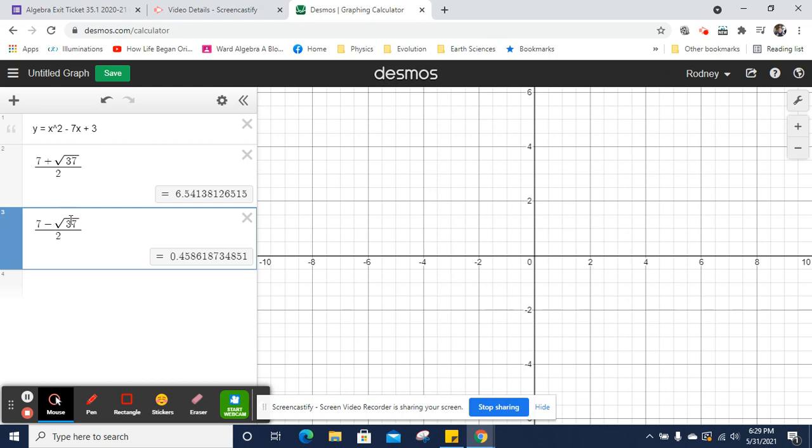So these are irrational numbers. You have to round them. So any efforts to use decimals to get accuracy actually yields false accuracy. These are the most accurate answers. These are the exact answers. So 7 plus or minus square root of 37 over 2.